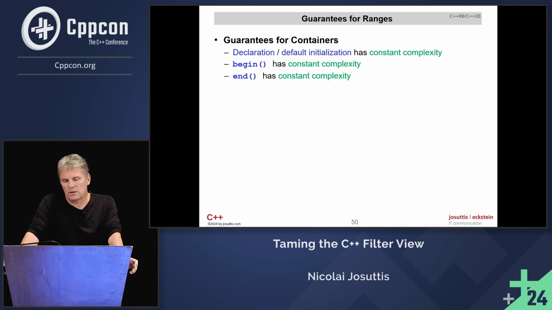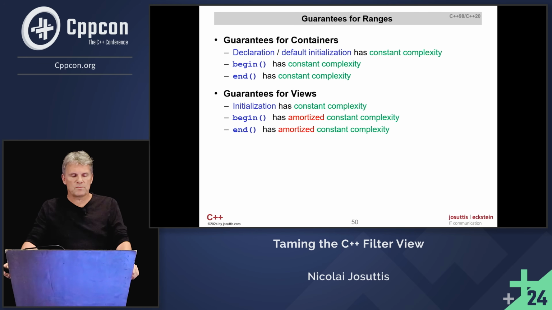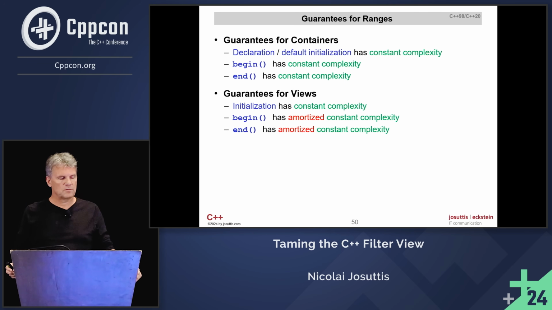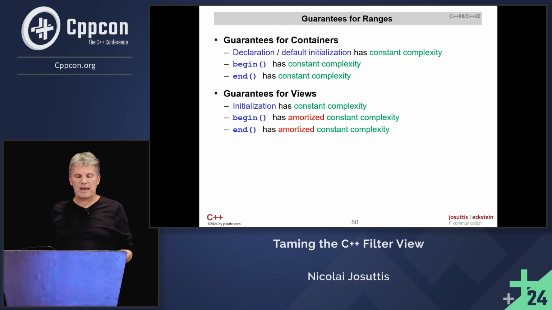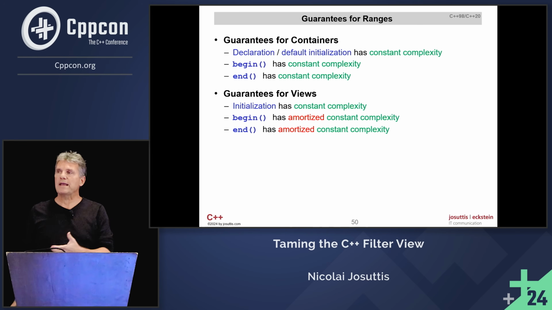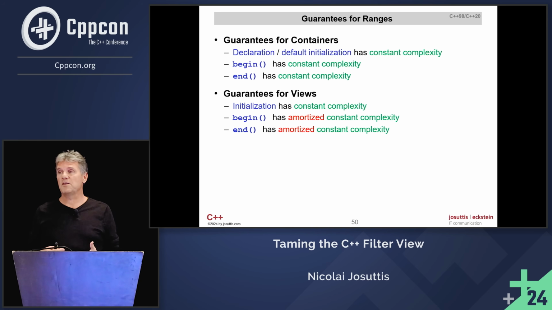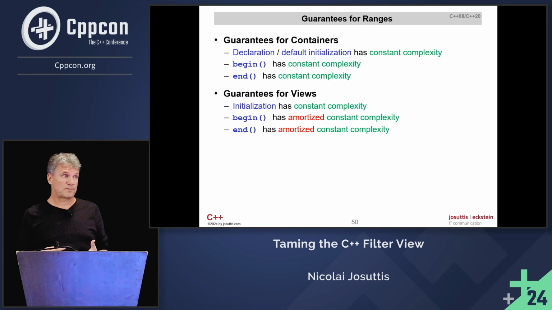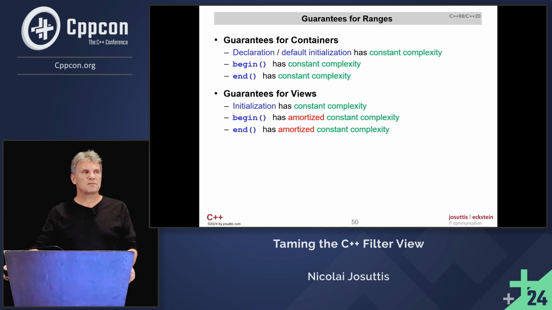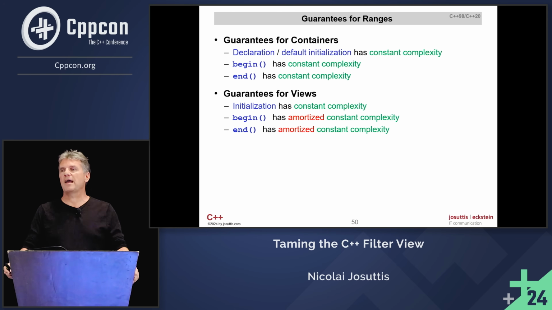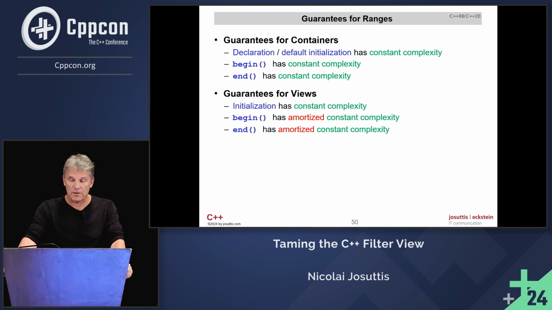For containers, declaration, begin and end all have constant complexity. For views, we say initialization has constant complexity, but begin and end have amortized constant complexity. Amortized sounds great, but the problem is it is only a benefit if you use begin more than once, which is not as usual as with amortized complexity for push_back.